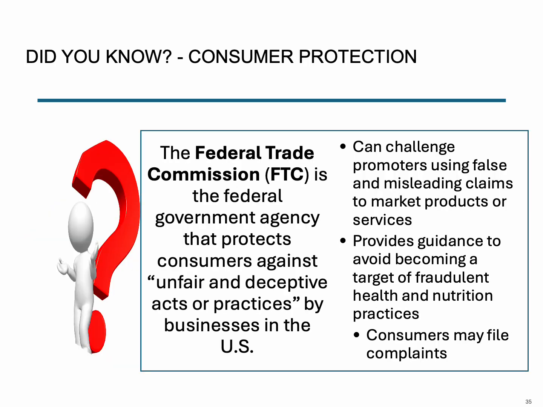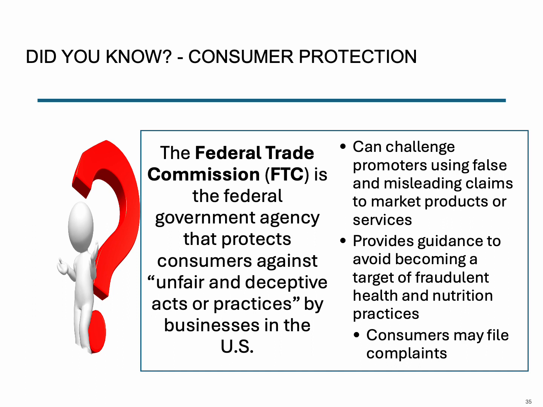Speaking of unbiased sources of information, the government is also trying to act in the best interests of the population. Of course, it's in the government's interest to have a healthy and well-fed population. And as part of that, we have the Federal Trade Commission. That's a federal government agency that protects against unfair and deceptive acts or practices by businesses in the US.